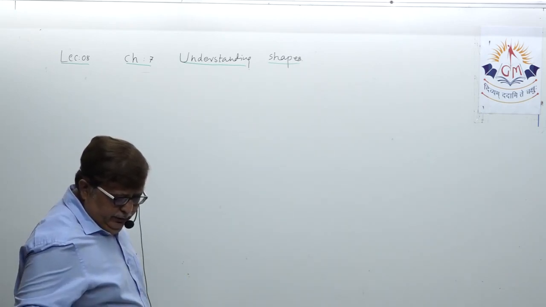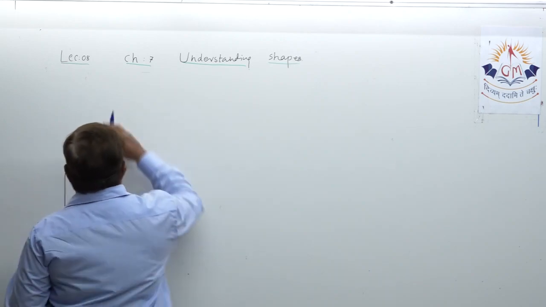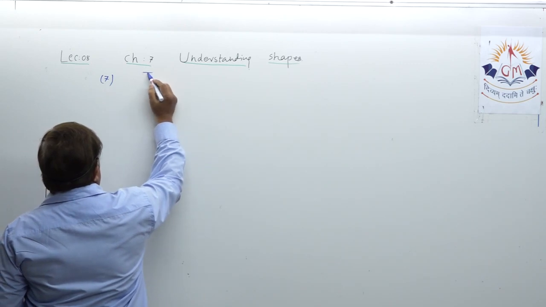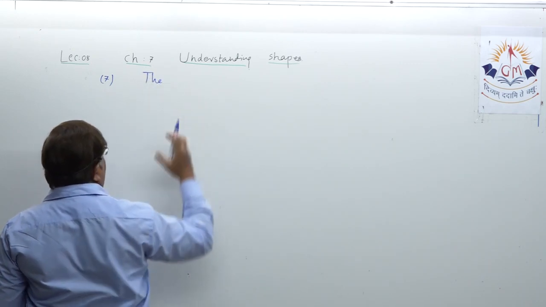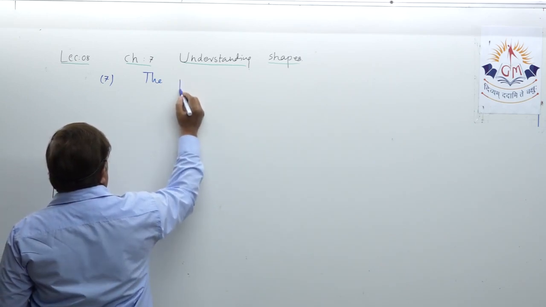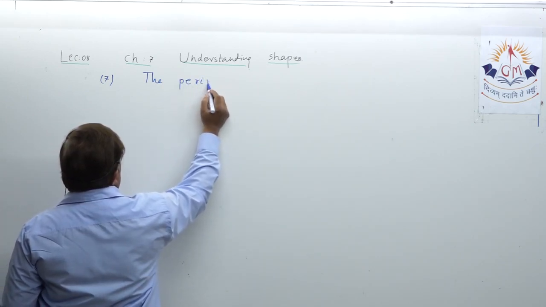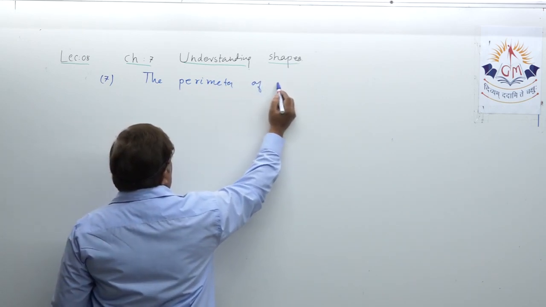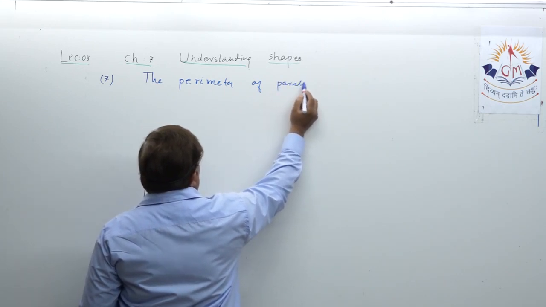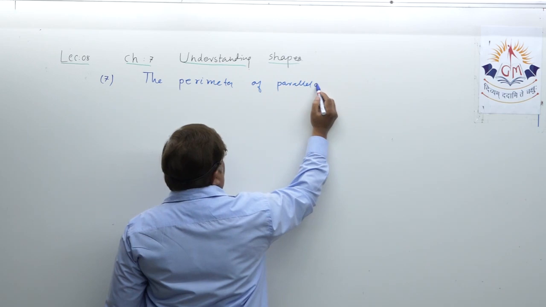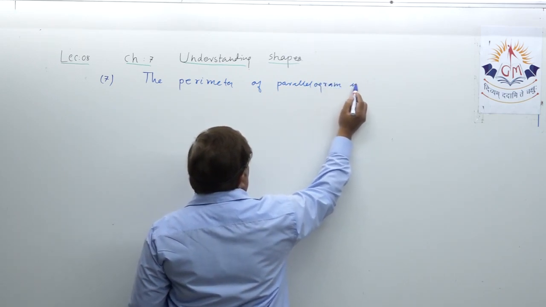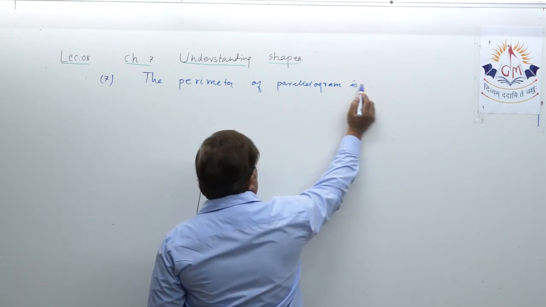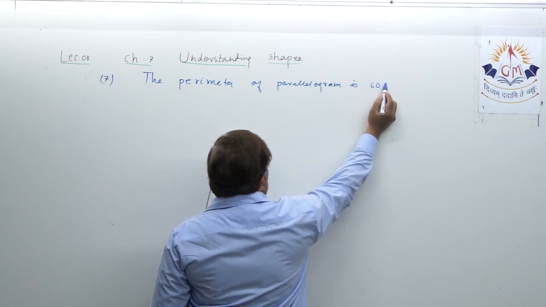Write one SLP today, number 7. The perimeter of parallelogram is, suppose we take 60 centimeter.